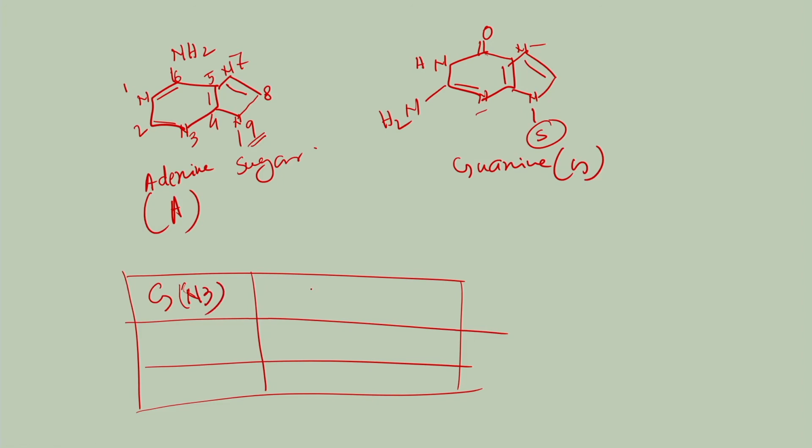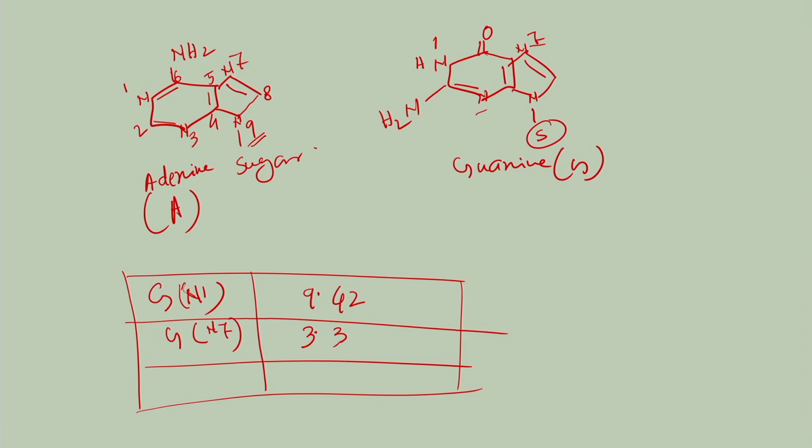Guanine N1 has a pKa of 9.42 and guanine N7, which is this 7 position, has a pKa of 3.3.